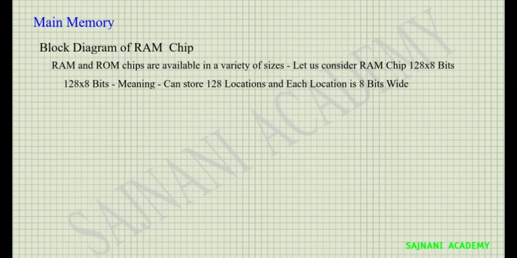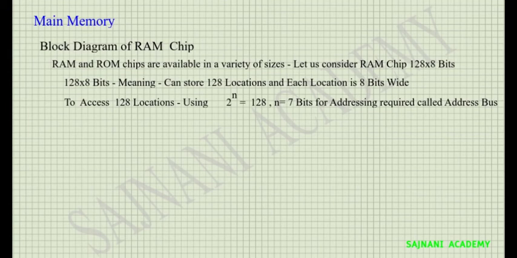Now we will see the block diagram of a RAM chip. The RAM and ROM chips are both available in a variety of sizes. If we consider a RAM chip of capacity 128 by 8 bits, what does it actually mean? 128 by 8 bits shows that it can store 128 locations and each location is 8 bits wide.